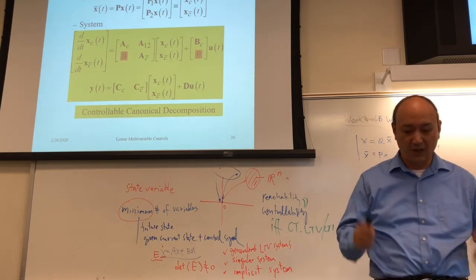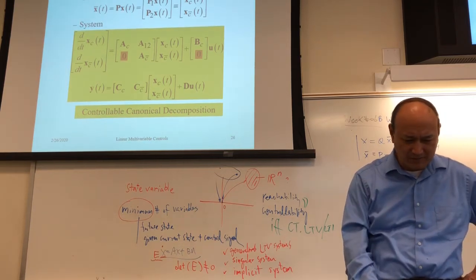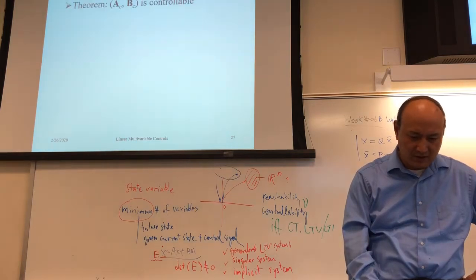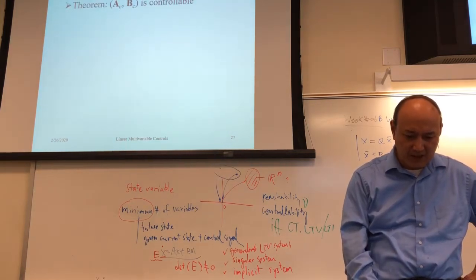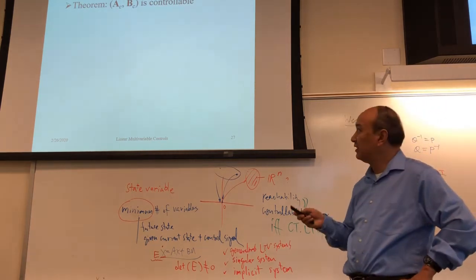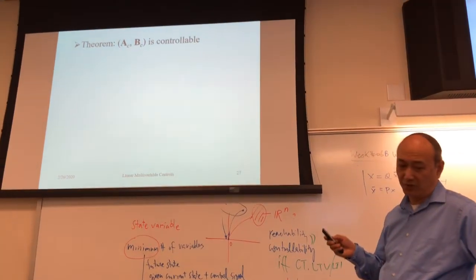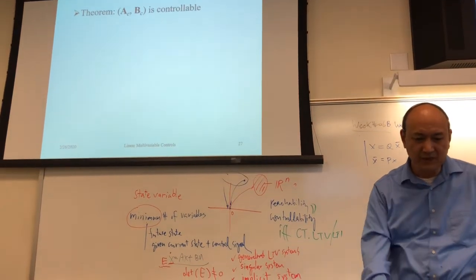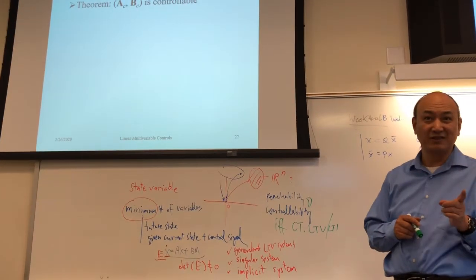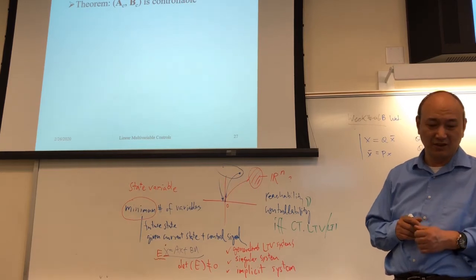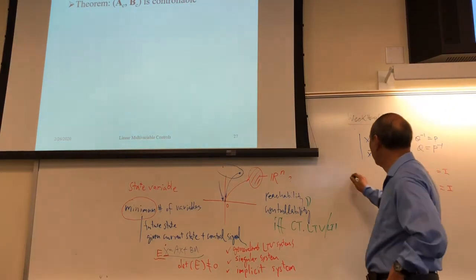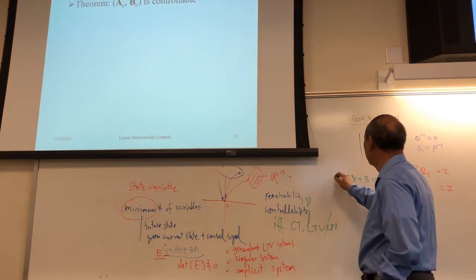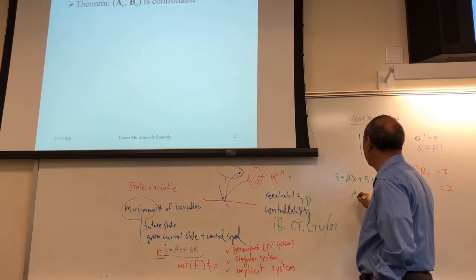So that's it. By doing that, you may feel like, how can I do this? It looks very complicated. But AC, BC is controllable, but A, B is not. The original system is AX plus BU. Is A, B controllable?